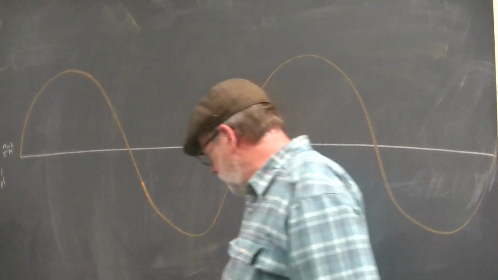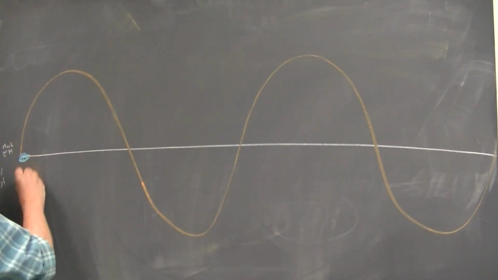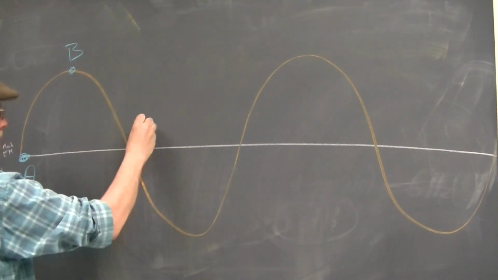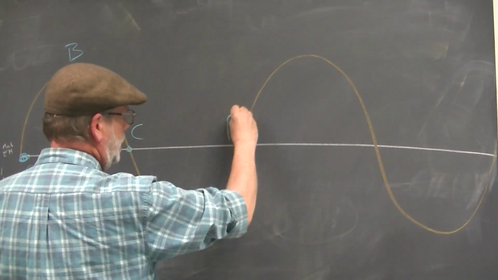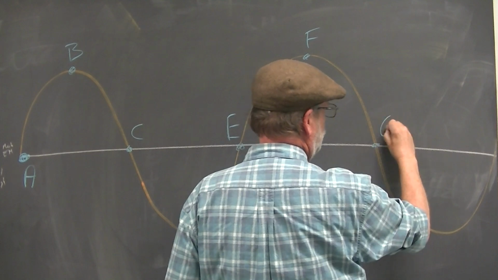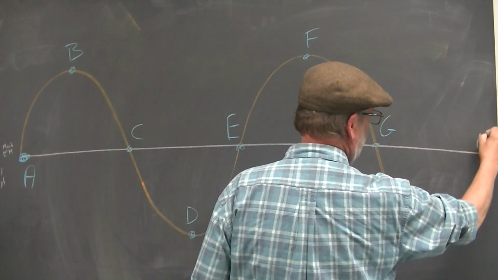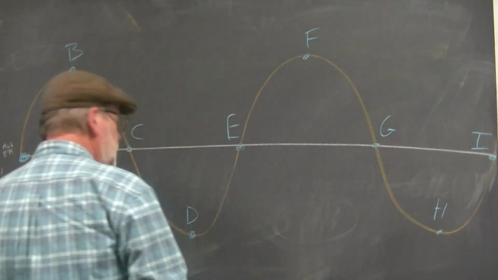All right, on this wave, I'm going to start plotting up some points. A, B, C, D, E, F, G, H, way over here, back to I.